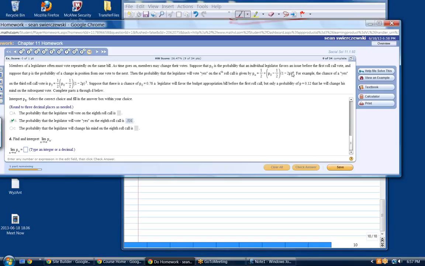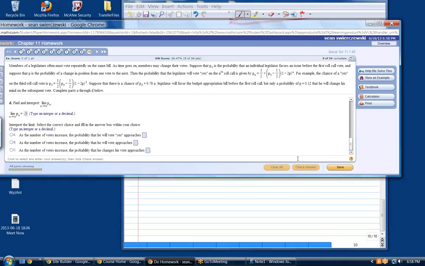So as n goes to infinity, this thing's going to 0. And now the only thing you have is the 1/2 that's here. So I think it's 0.5.